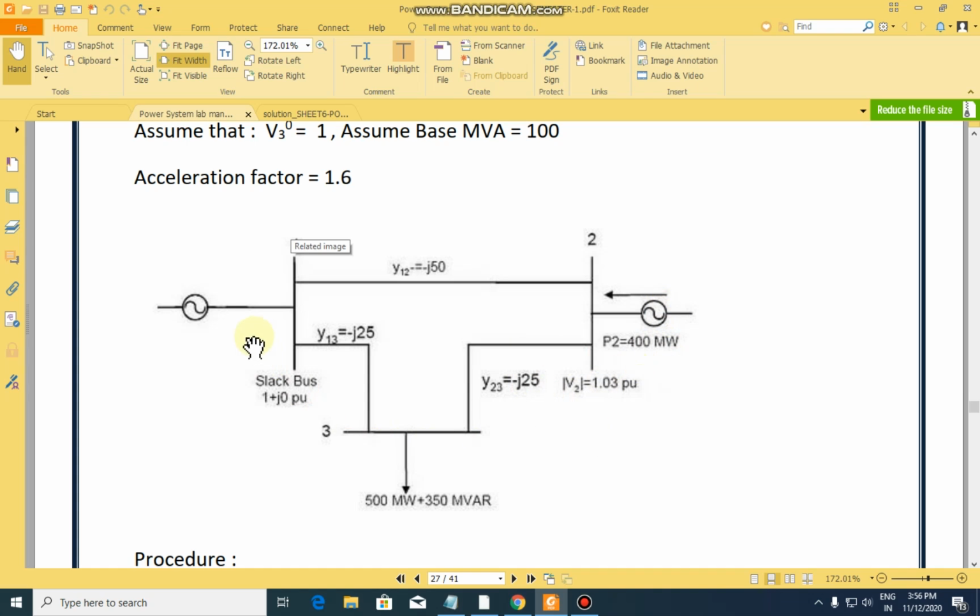Here we know the bus voltage and the active power, but we don't know the reactive power. Here we know the active power and reactive power. We will calculate the voltage at bus 3, the voltage at bus 2, and the reactive power at bus 2.